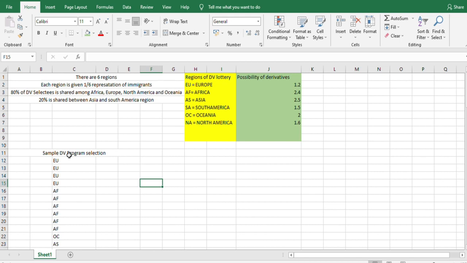After the application period is closed, every applicant's entry will be given a random number by a computer, from 1 up to whatever the number of applicants is.